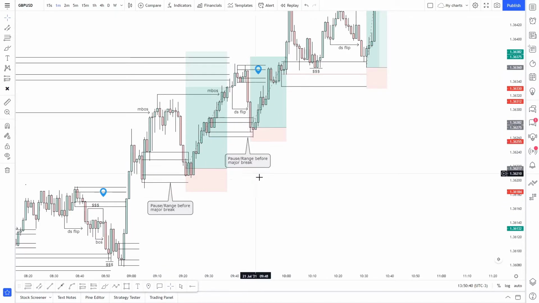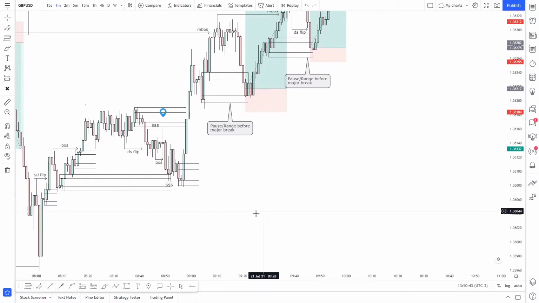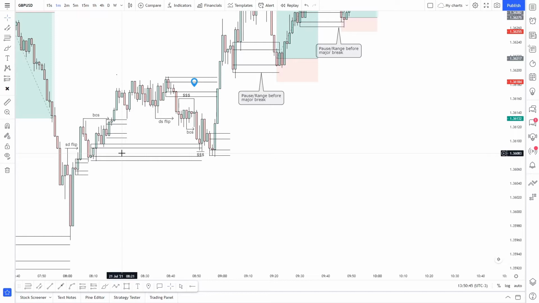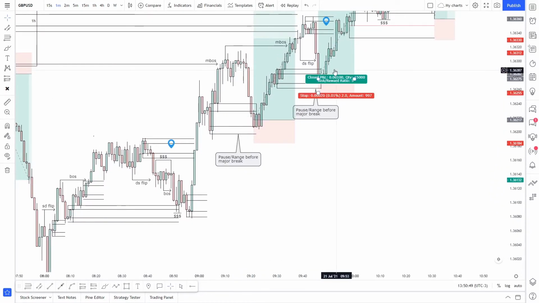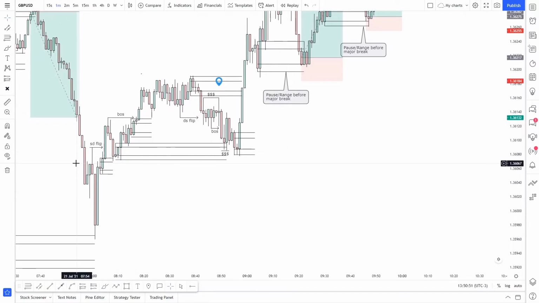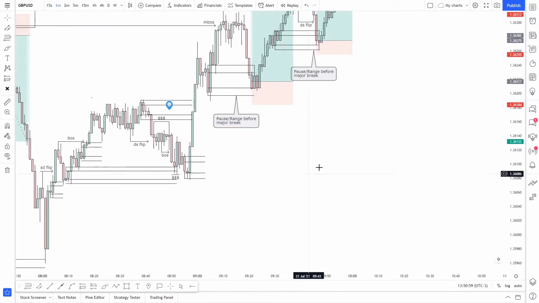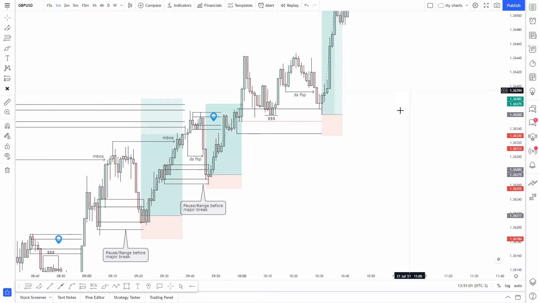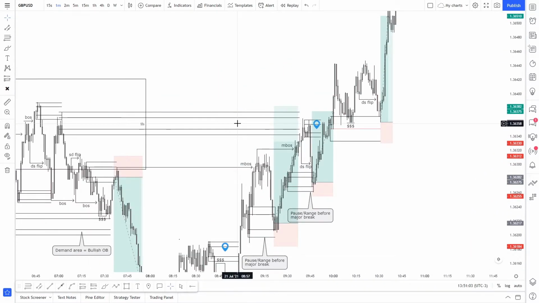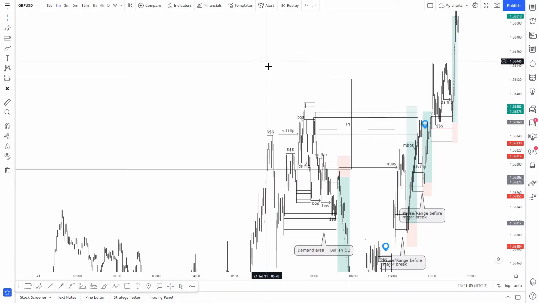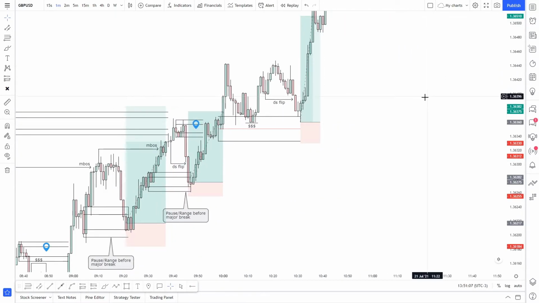So I missed out on these two buys, which were very clean. This buy is a little bit risky, not as clean as this one or this one, but it still makes a lot of sense, more so when you create liquidity while mitigating onto that area. The next thing we see is the break of all of this major area, and we also break the order block, so it's pretty strong.